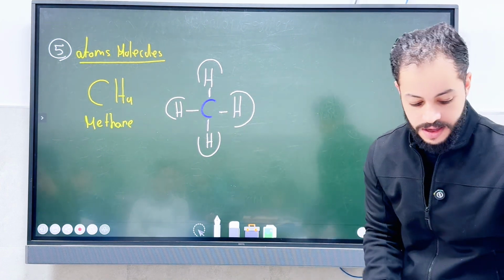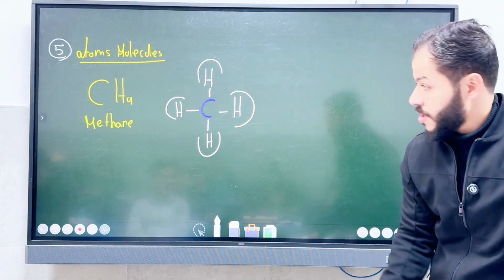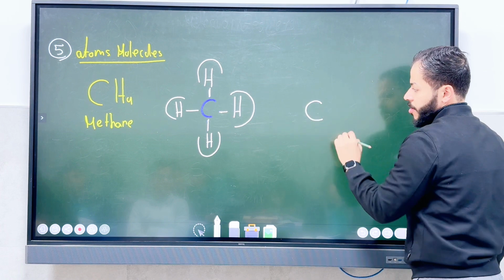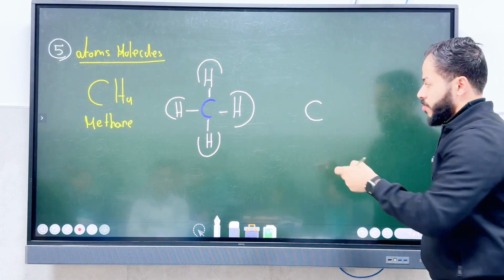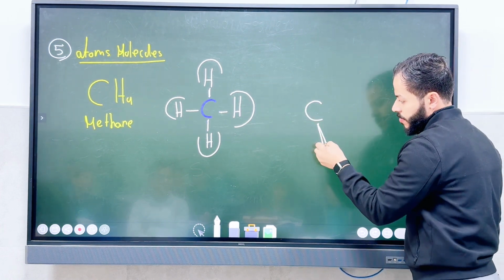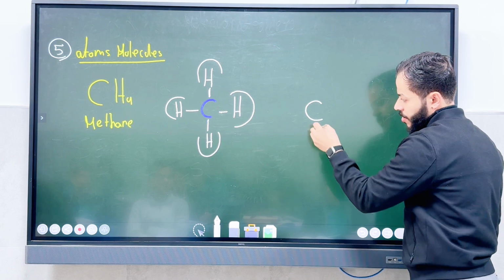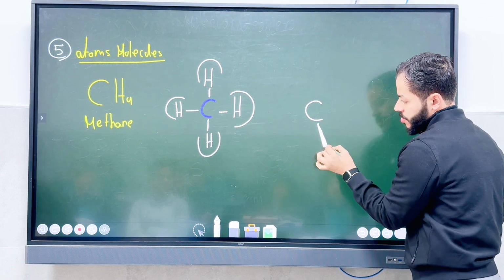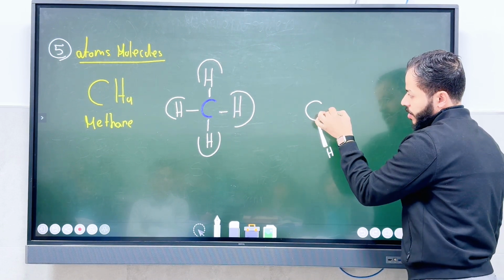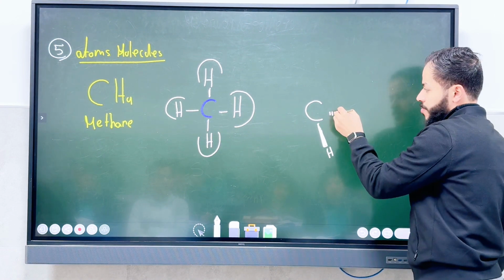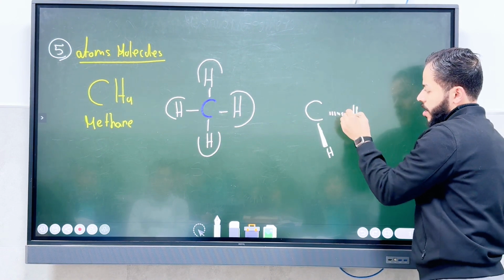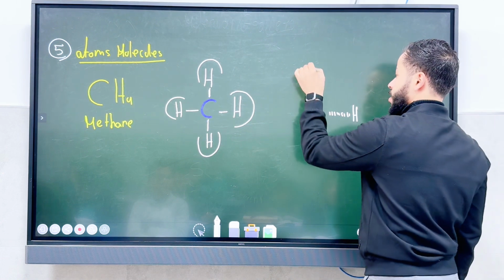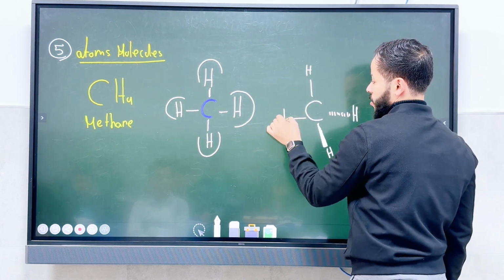We represent this by specific diagrams, guys. For the carbon here, we represent the bond that comes towards you as a solid wedge, like this. We have several ways to represent it. So this is the first hydrogen. And the second one, which goes inside the board, we represent by a dashed line. So this is the hydrogen here. And this is one here, and this is one here.